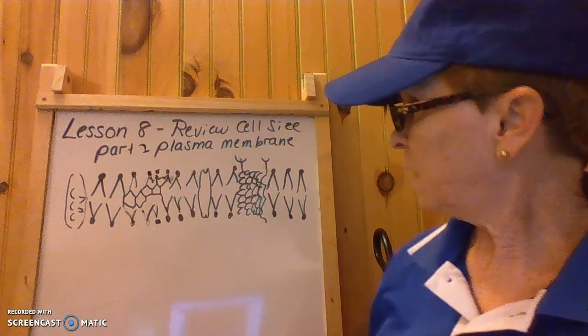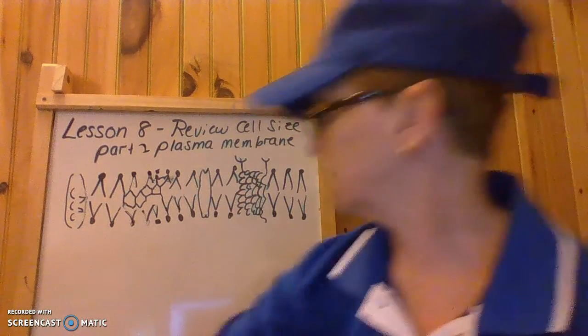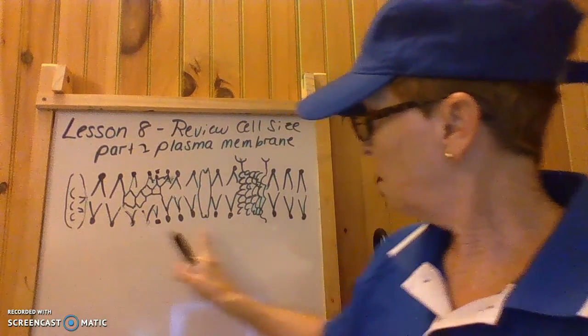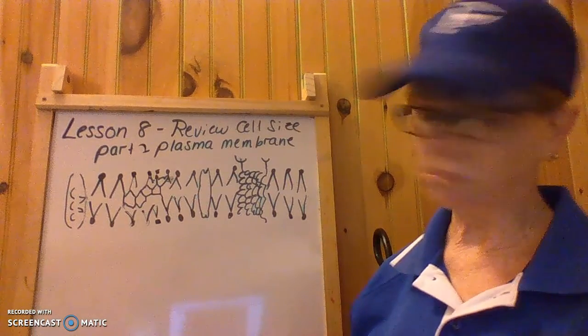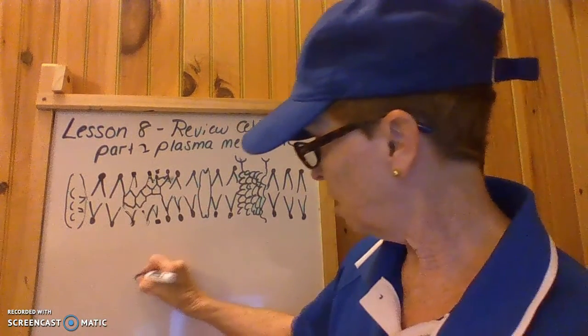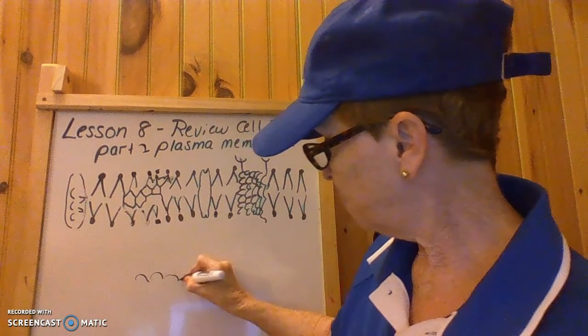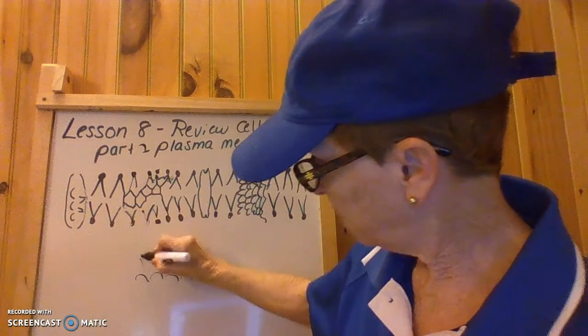And then embedded within the plasma membrane are all different kinds of proteins, and these are channel proteins, all three that I've drawn here. I've drawn three different types of channel proteins. And now if I draw a top view of my phospholipids, on top of that you're going to find a variety of things.